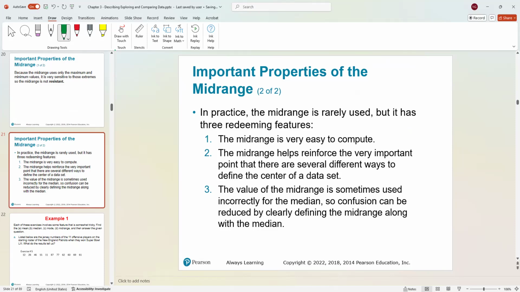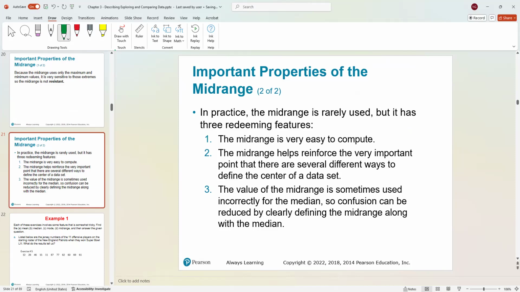But the mid-range is very easy to compute. The mid-range helps reinforce the very important point that there are several different ways to define the center of a data set. And the value of the mid-range is sometimes used incorrectly for the median, which is not true.